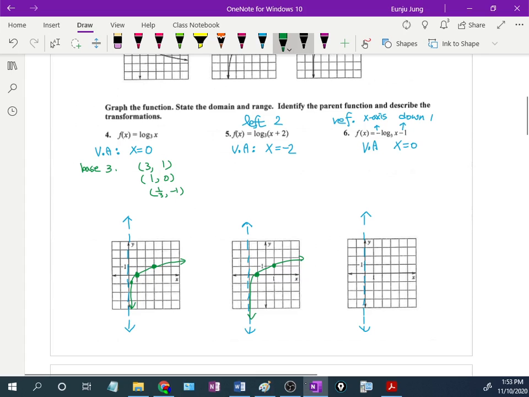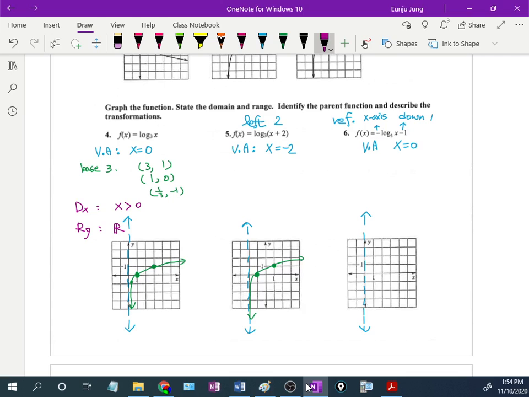Now let's see domain and range. What is the domain of this function? Number 4, parent function has domain x is greater than 0. Range of this function, all real numbers. So make sure you're drawing up and down, going with the arrowheads on the drawing, okay?